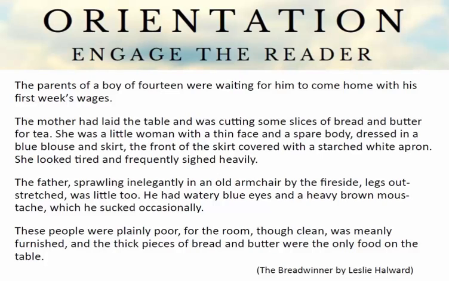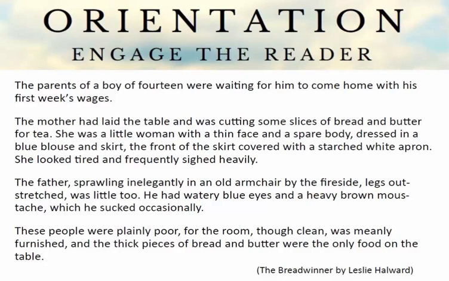We've also got a physical description of the mother. A little woman with a thin face and a spare body, dressed in a blue blouse and skirt. So suggesting that she's small and thin. You know, there's not a lot to her here.